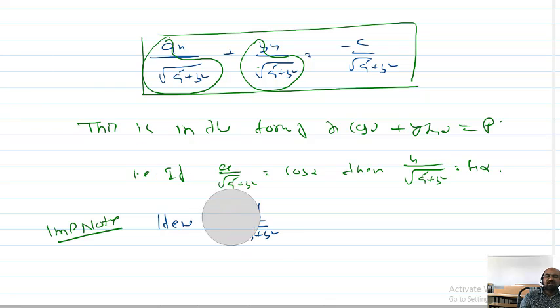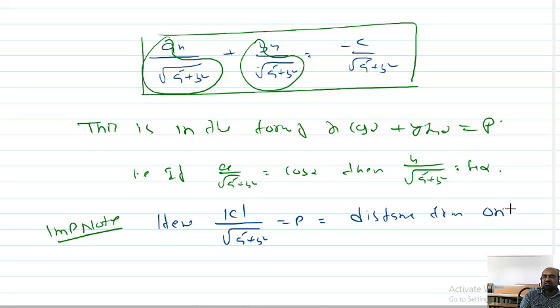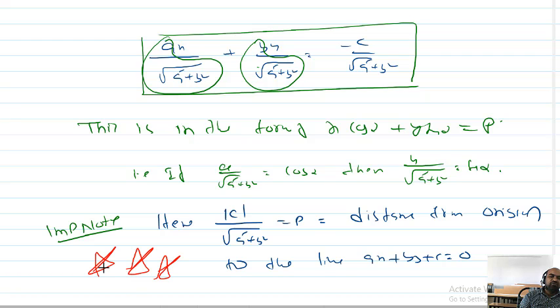So I will write here mod c by root over a square plus b square equal to p, that is equal to the distance from origin to the line ax plus by plus c equal to 0. Very important note, students. If we want to find the distance from origin to a line, we want to use this formula, mod c by root over a square plus b square.